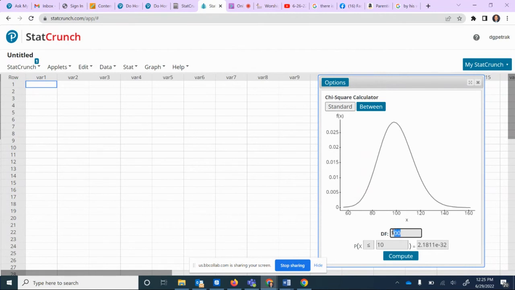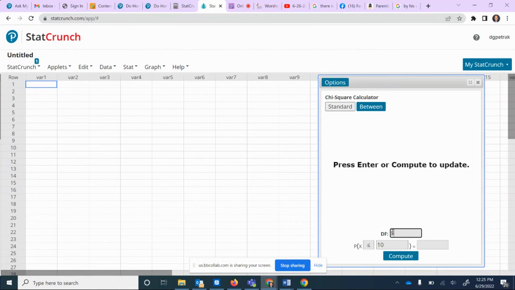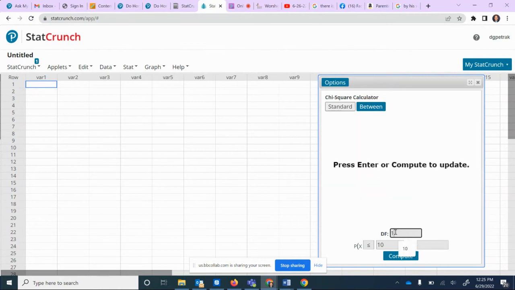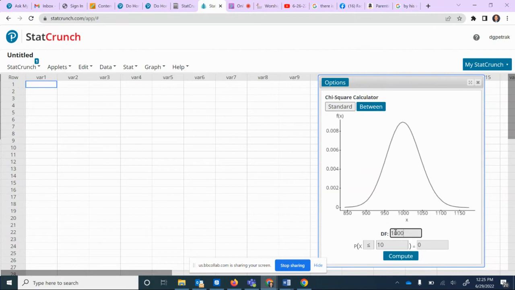And if I put 1,000 degrees of freedom in there, it almost looks like a normal distribution. So this is another distribution that approaches the normal, kind of like the T does, as sample size improves. But the cool thing is we don't need huge sample sizes to do analysis.